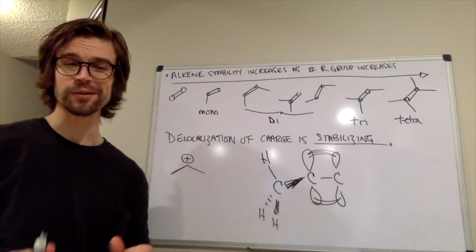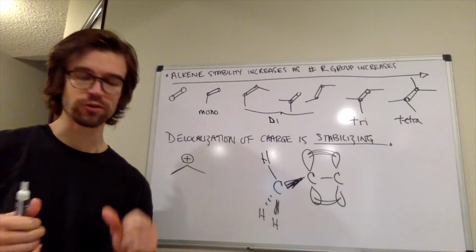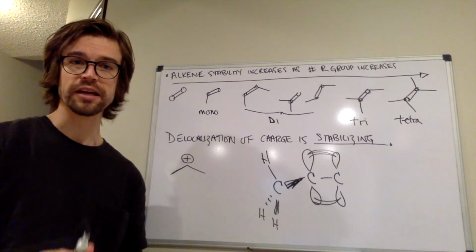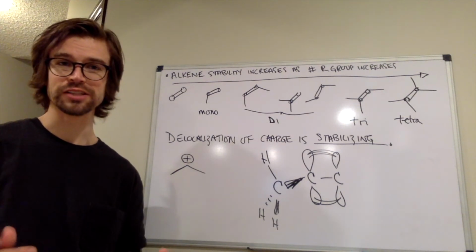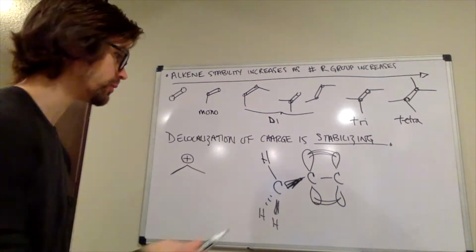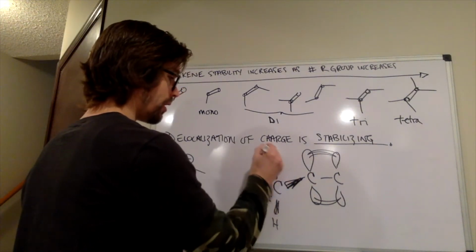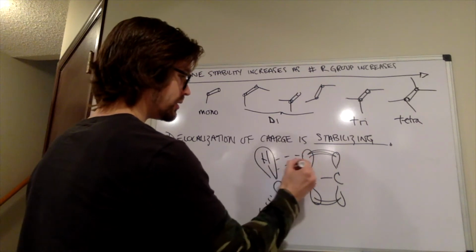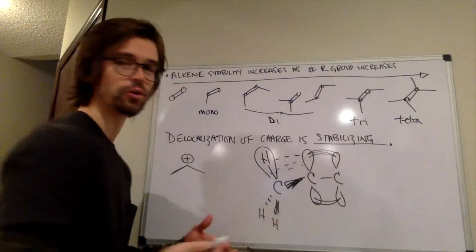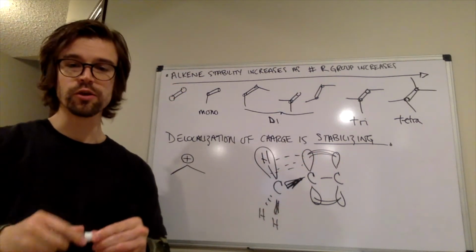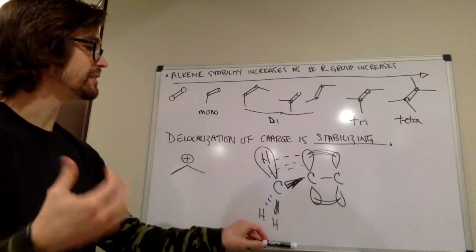There's one case that we'll talk about in organic chemistry too where delocalization can be not a good thing, but in every other case, delocalization stabilizes organic molecules. And essentially the electrons in this bond are delocalized into that pi bond, into those p orbitals, and that makes them more stable.